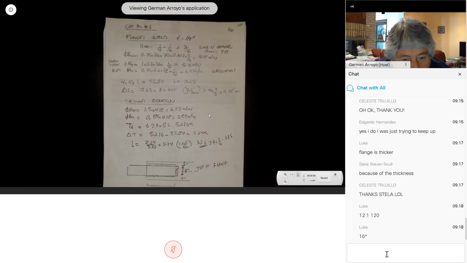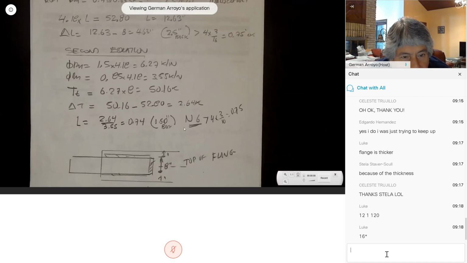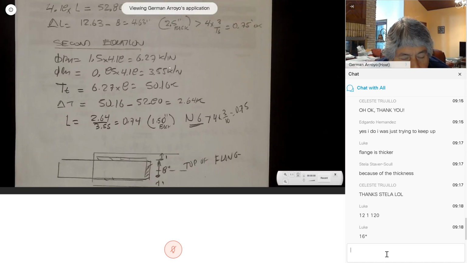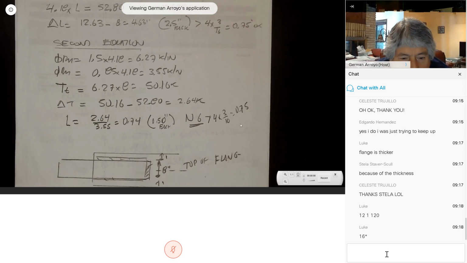And I put this on the other side, 2.64 kips divided by the capacity 350.7, 50.5 inches each. No good because 4 times 3/16 is 0.75.